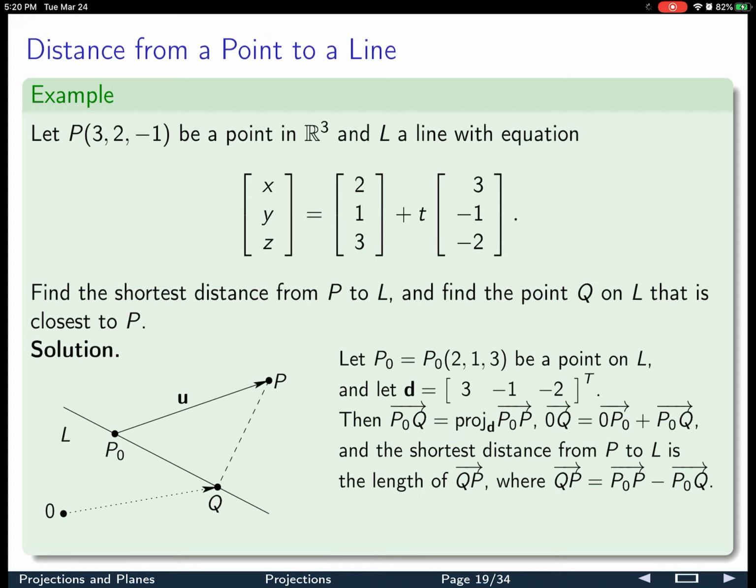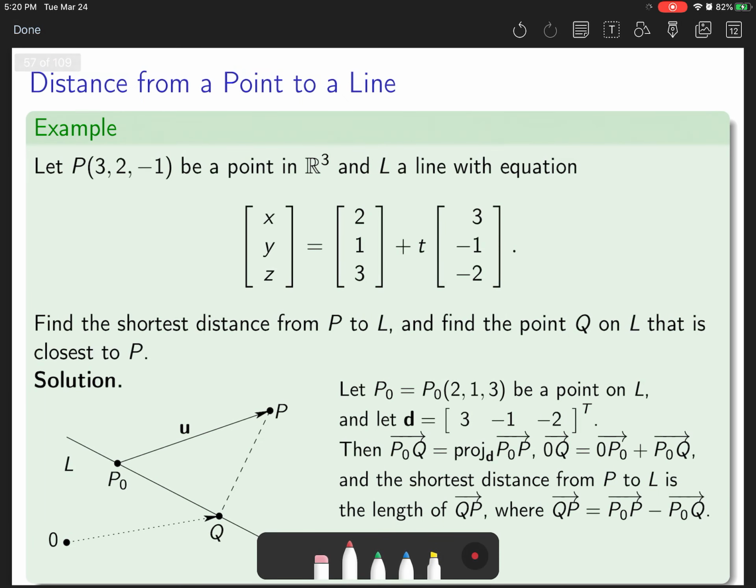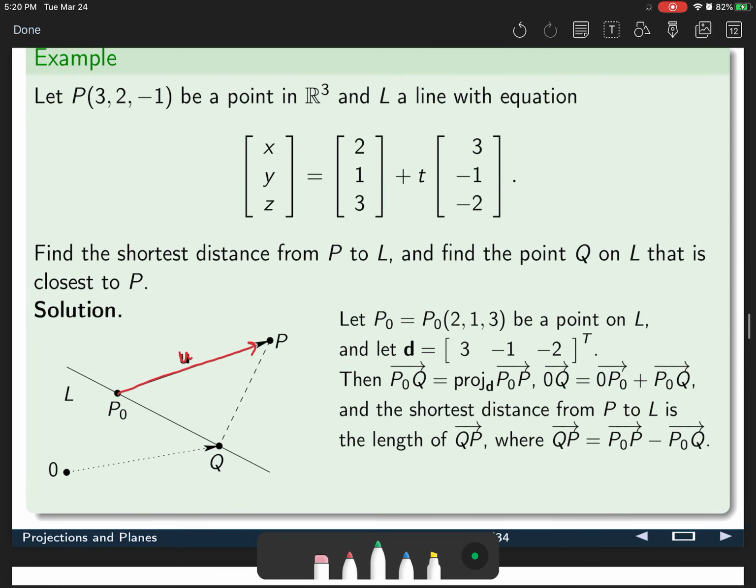Here's our diagram, and there's our vector u. Our line L is here, and that's where we're going to create our vector u1, and this would be our vector u2 that's orthogonal to u1, just using the labeling that we've used previously.